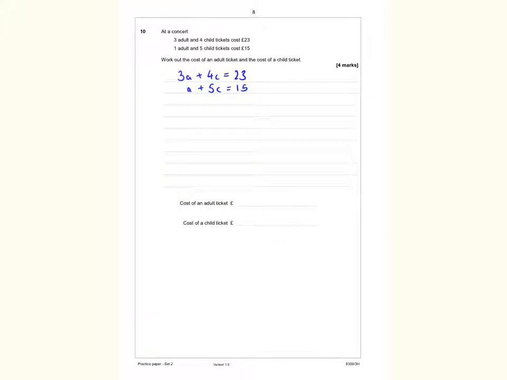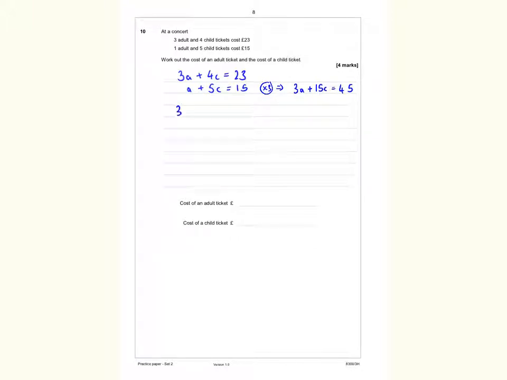Now these are simultaneous equations that I need to solve, so I'm going to multiply my second equation by 3. So if I was to multiply this by 3, what I would get is 3A add 15C is equal to 45. Okay, I'm going to rewrite them here.